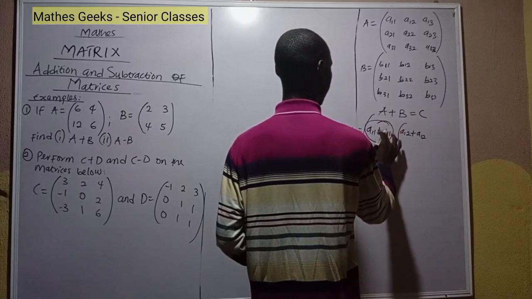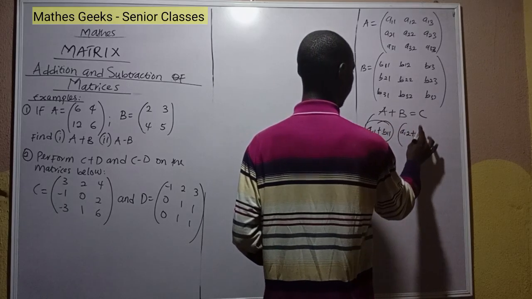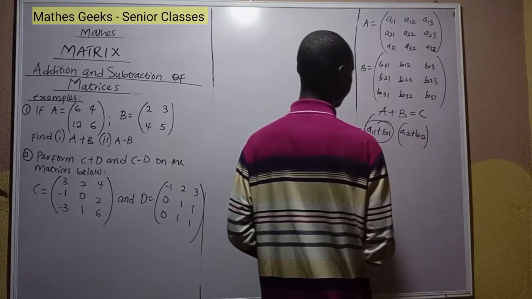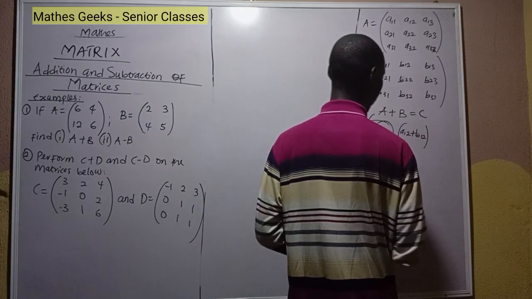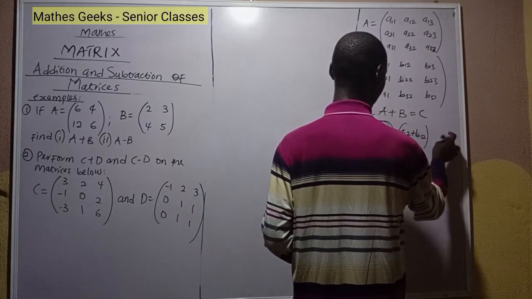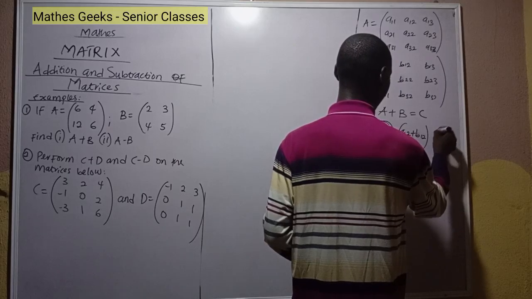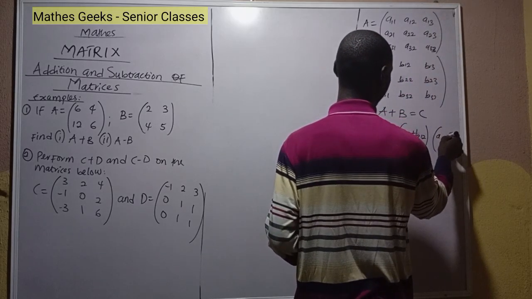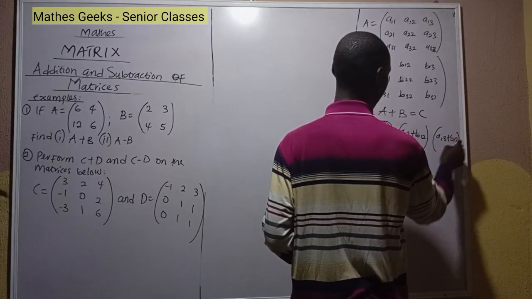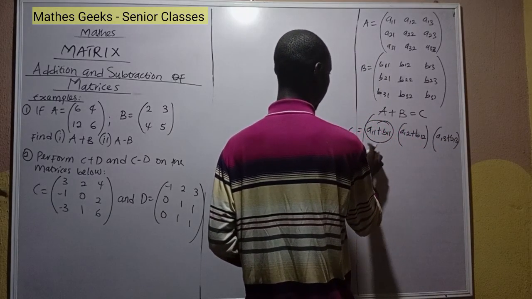So A11, B11, B12. To get the entry for the first row, third column, which is C13, we're going to add A13 and B13, A13 plus B13, and the same thing applies here.